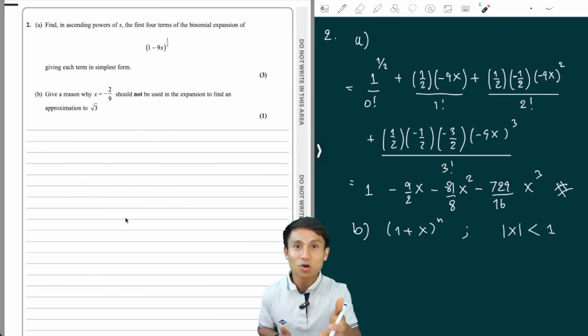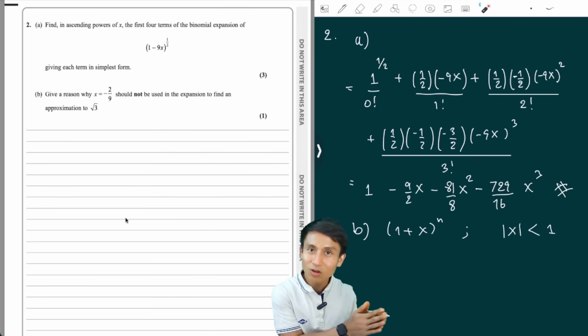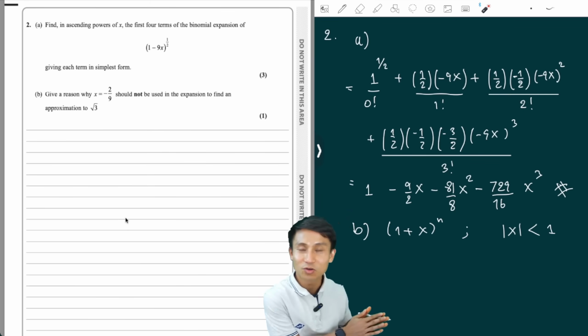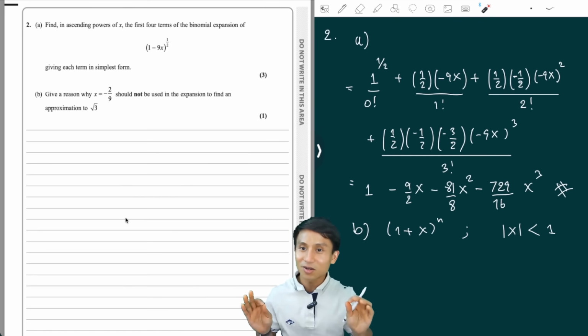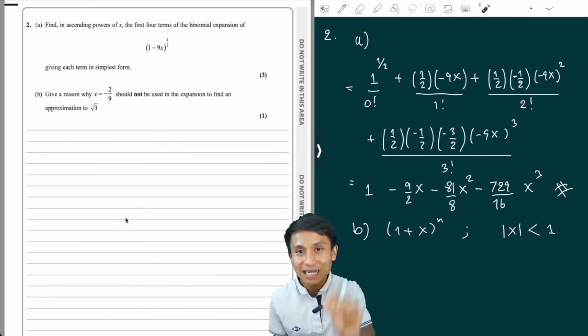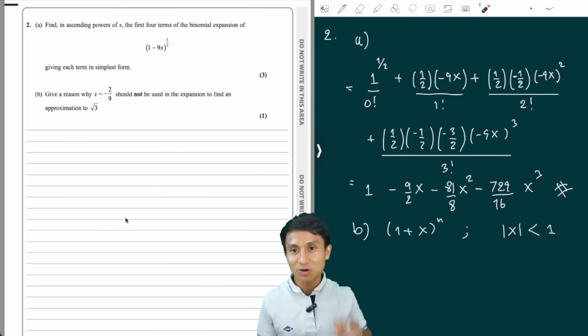For example, if it's 0.9, you keep multiplying 0.9, try that in the calculator, you will see that it gets smaller and smaller and smaller every time you do that. And that is the key concept of the validity of this binomial expansion concept. Yeah. Now I have talked too much, so I need to get right back to the question.